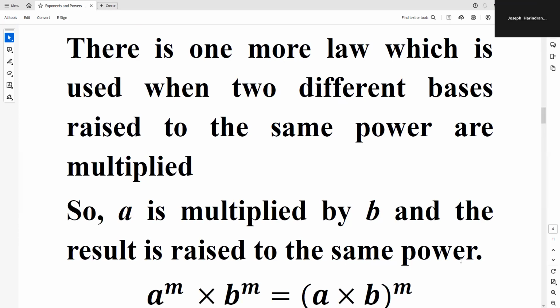So a is multiplied by b and the result is raised to the same power m. It becomes a power m into b power m, equal to a into b whole raised to the power m. You just multiply the two numbers and raise it to the common power.